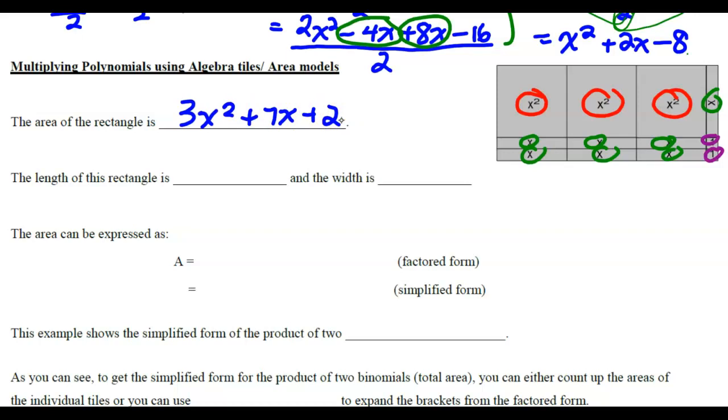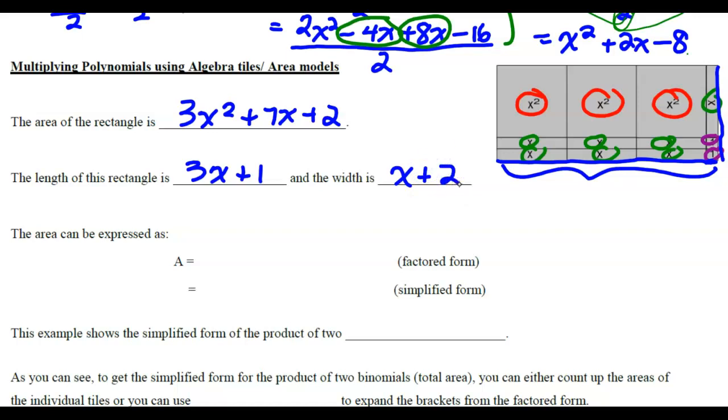Now, what is the length of that rectangle? So if we look at the length here, what we divided into the parts, so we've got 1x here, 1x here, 1x here. So that's 3x plus a constant of 1. So the length is 3x plus 1. What's the width? So here we've got 1x plus 1 plus 1. So that's x plus 2.